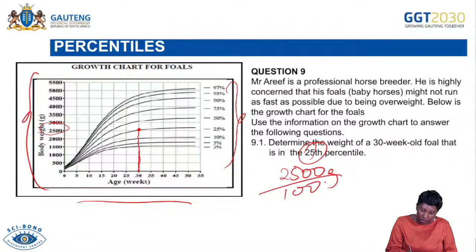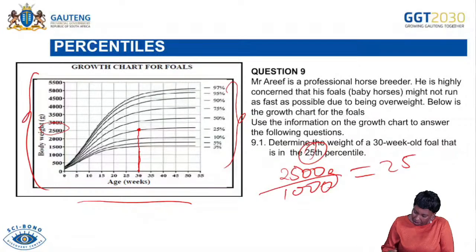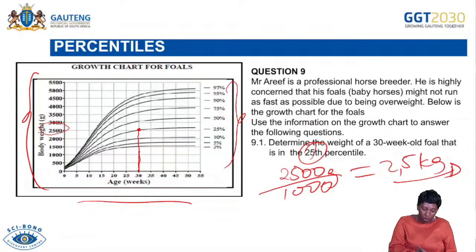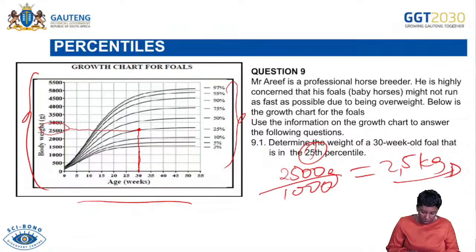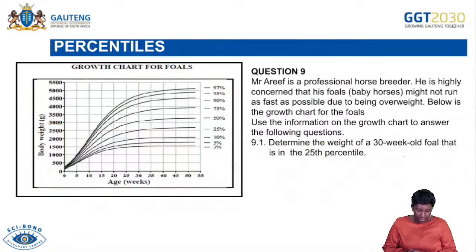So if I want to convert it, it will be 2,500 divided by 1,000. It will give us 2.5 kilograms. That is the weight. Based on this, you just check this. Here's the answer.